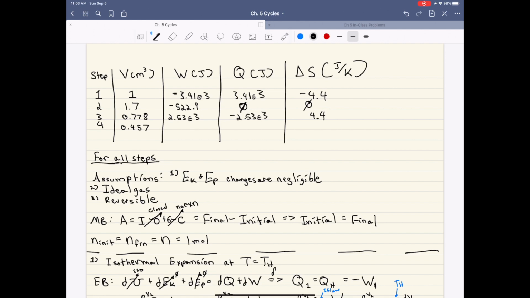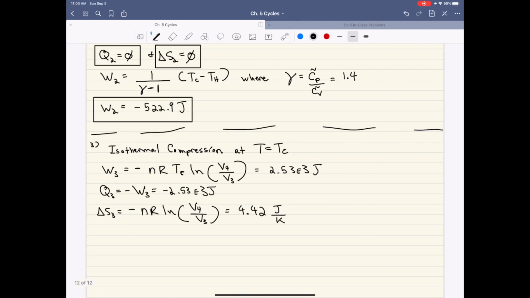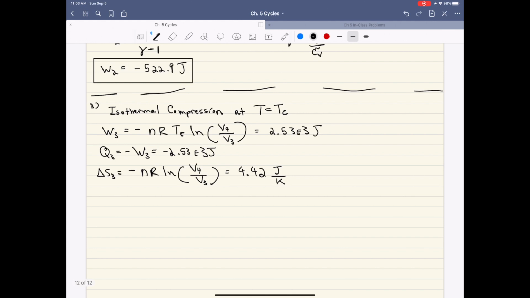And so now we have our last step, which is that adiabatic compression, where the temperature goes from Tc back to the original Th.